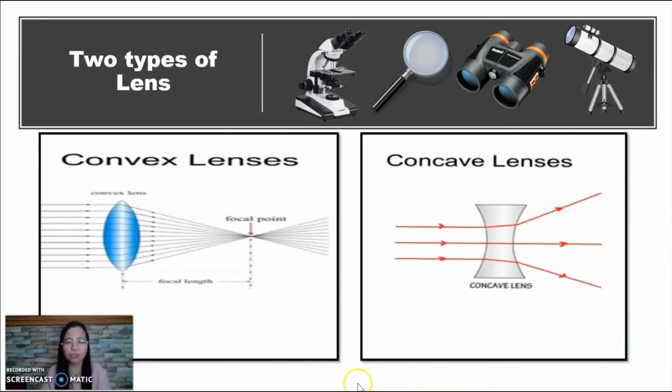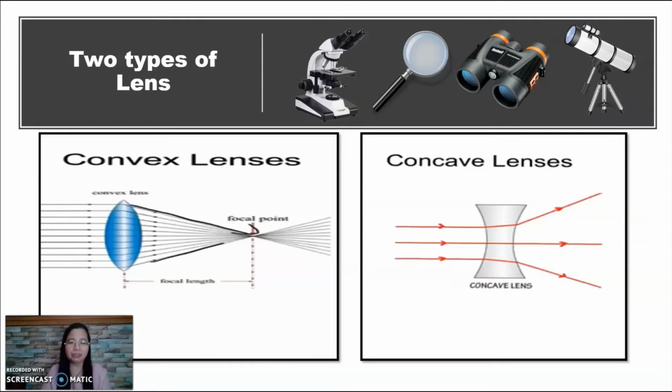Now, let's focus first on convex lens. Let's see how light rays behave in this type of lens. For convex lens, you have light rays passing through the lens. As they pass through, they bend or refract, as you can see. So these light rays meet or converge at the focal point or at the focus.